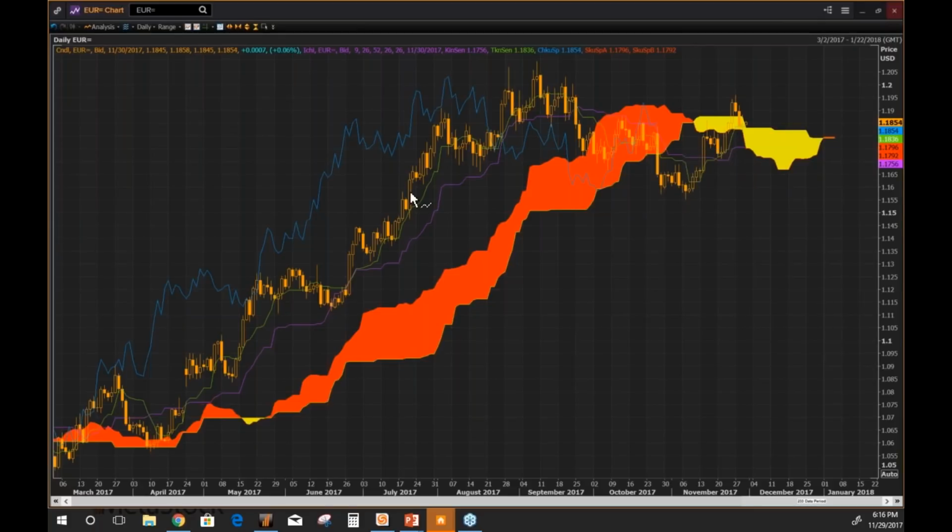Now the other sections, the Tenkan-sen, the Kijun-sen, and the Kumo are all things that you look at that contribute to an entry. One of the things about the Chiku Span that's different is it's primarily used as a filter to keep you out of trading as opposed to get you into trading.